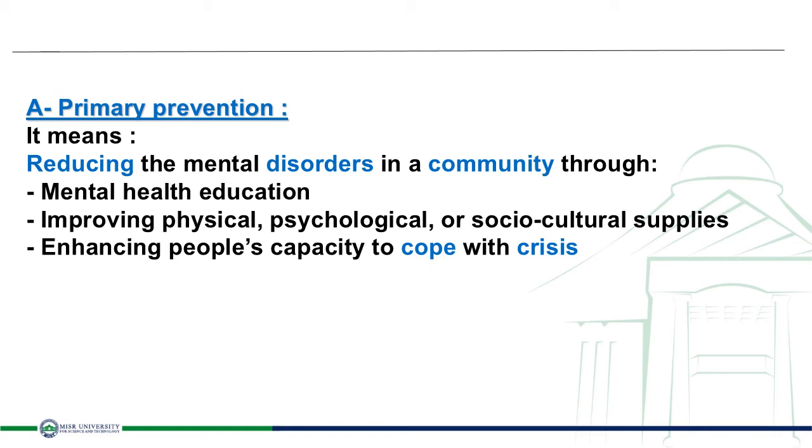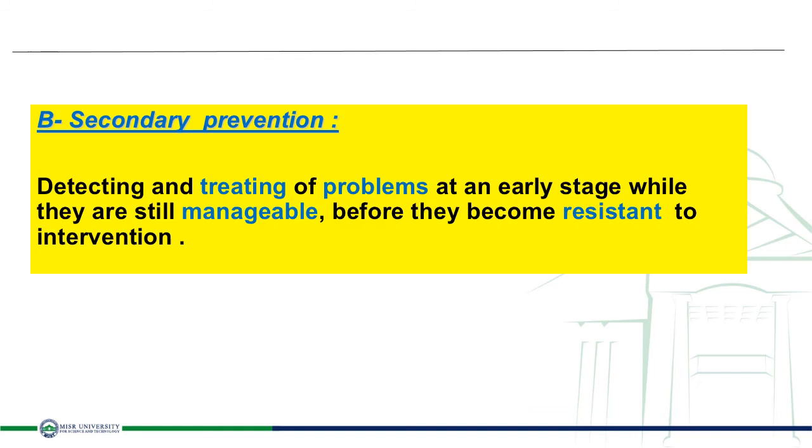What about the second type of prevention? Secondary prevention means detecting and treating problems at an early stage while they are still manageable and before they become resistant to intervention.